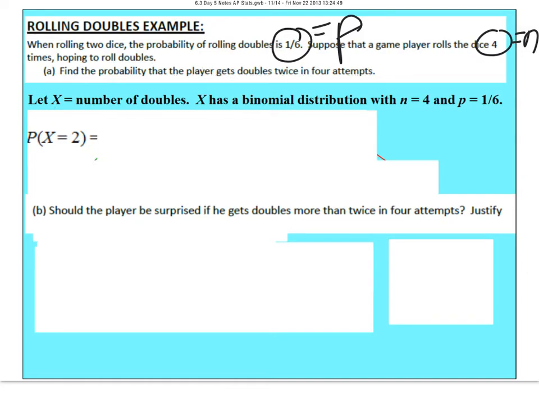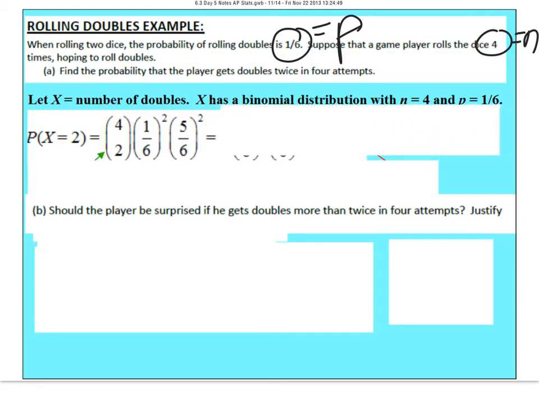So I define X as the number of doubles. X has a binomial distribution. We've talked about the n and the p. I want to find the probability that X is exactly 2. So here's how I would put that into the binomial formula. I have 4 trials, I want 2 successes. The probability of success is 1/6, and there's 2 successes that'll happen, which means the probability of failure is 5/6.